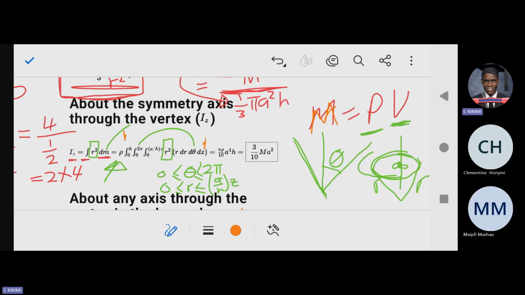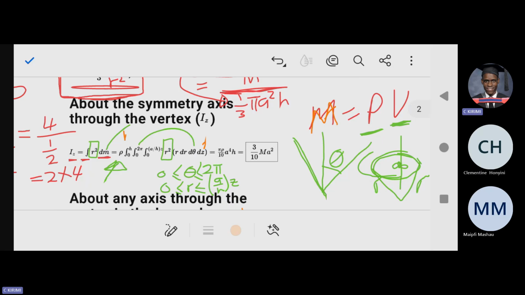Then we integrate. Why is there r squared? I told you that r squared we did not change, because that is the formula of moment of inertia along the z-axis, not of any shape, but of a cone.